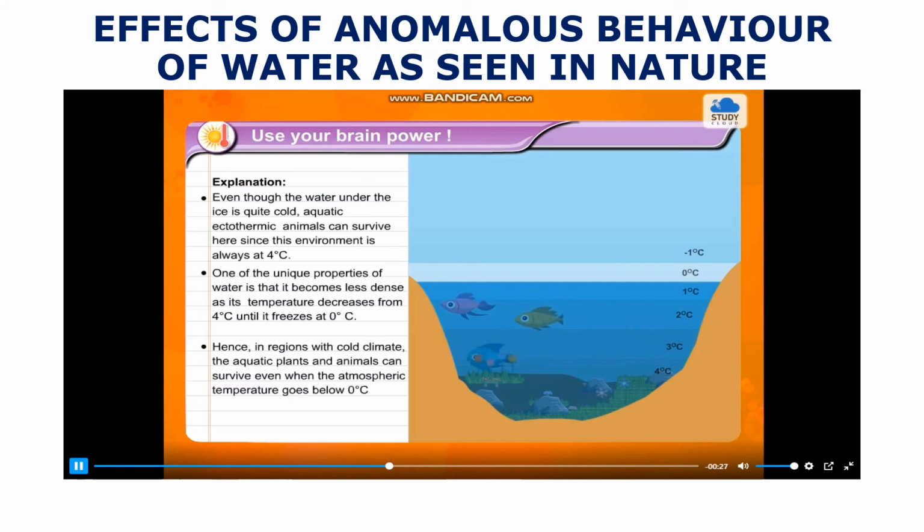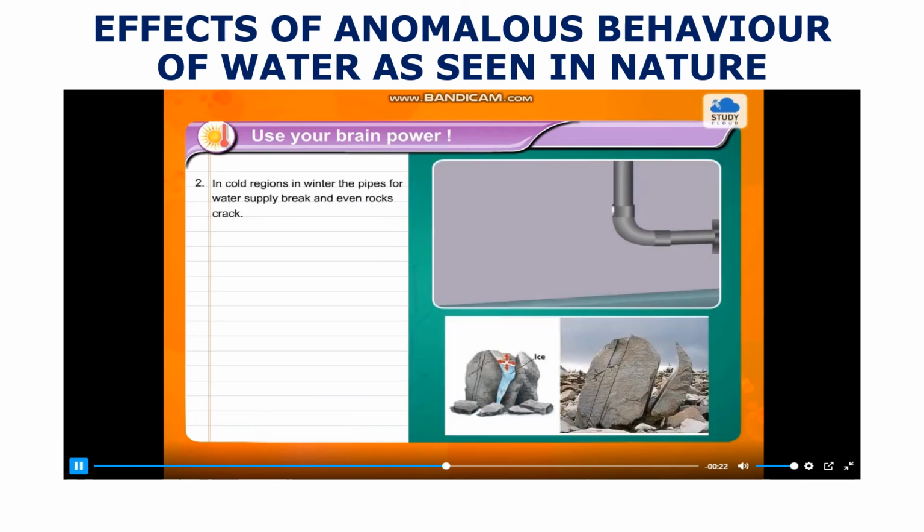Explanation. 2. In cold regions, in winter, the pipes of water supply break and even rocks crack.